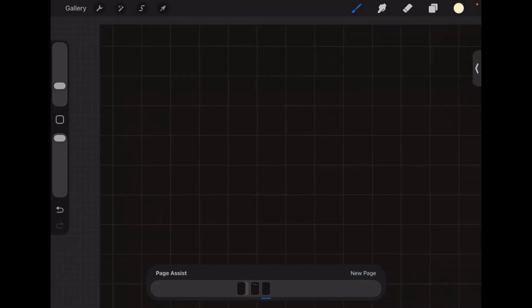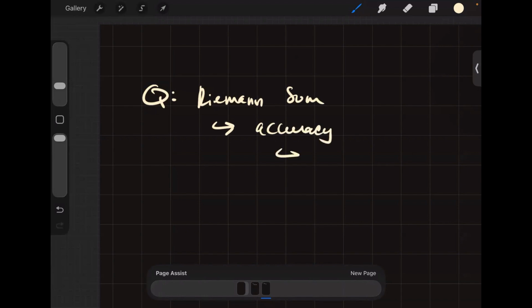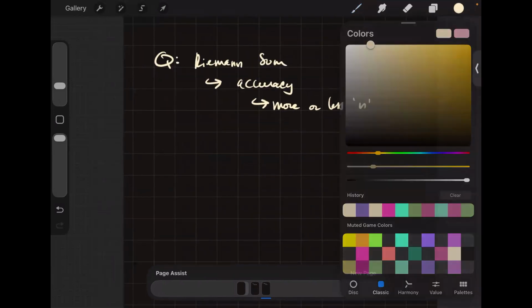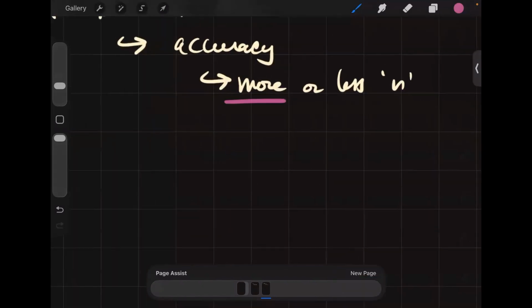So my first question for you is, if you want to do a Riemann sum, and you want accuracy, do you want more or fewer n's? Reasonably, you should say more.